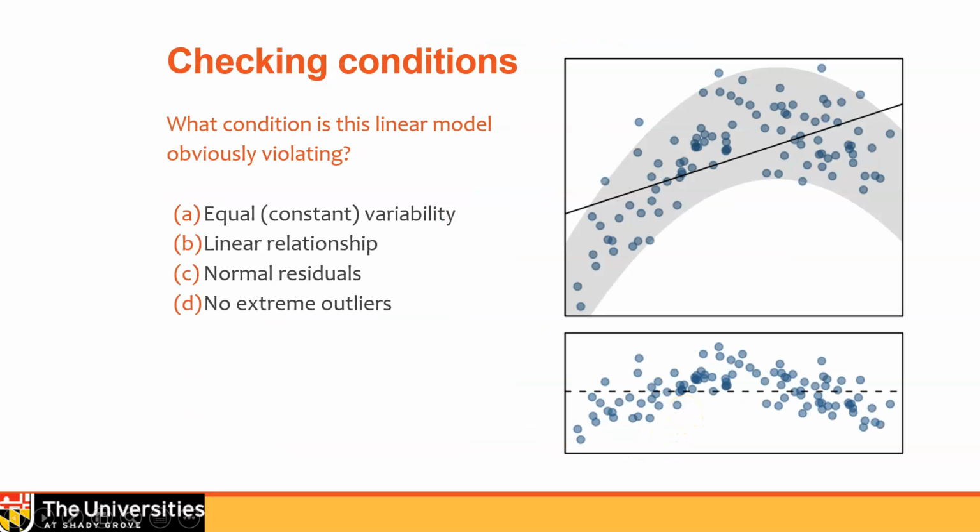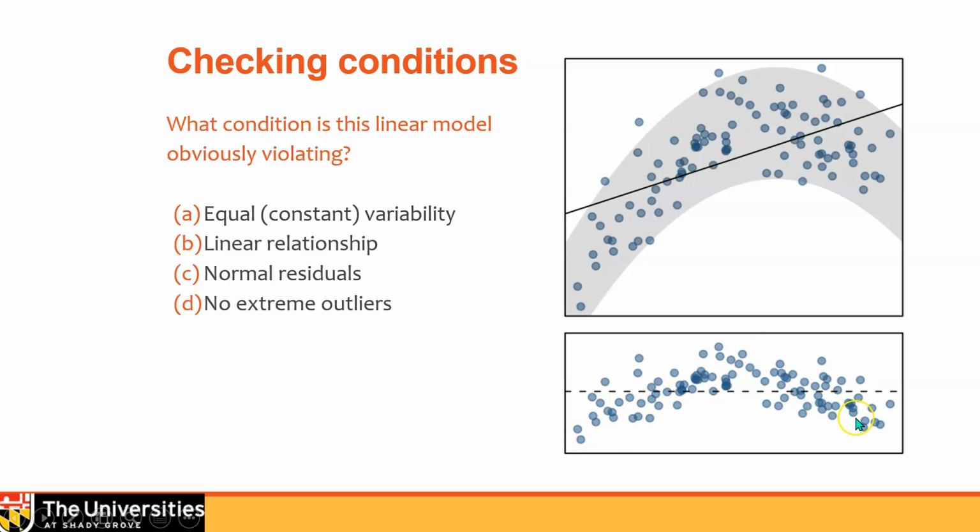Let's take a look here. Let's think about checking the conditions. At the moment we haven't talked about extreme outliers, so that's clearly not the solution to this question. But what condition is this model obviously violating? If you look at the model, there's two things. First of all, this shape does not look quite like a linear shape, and we've got some weirdness going on here.